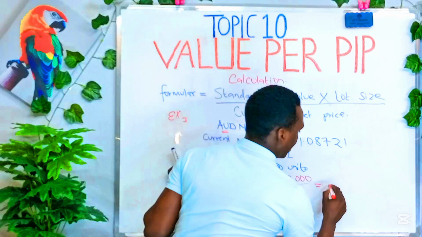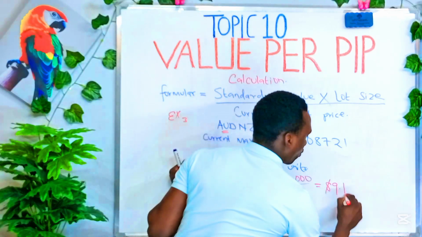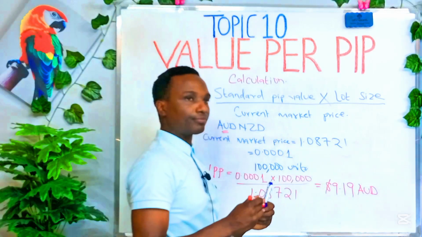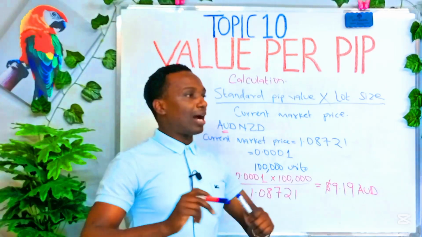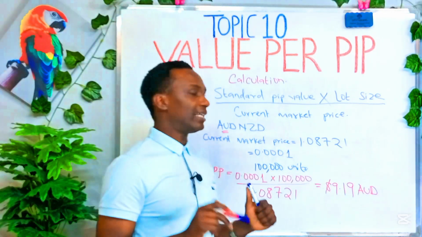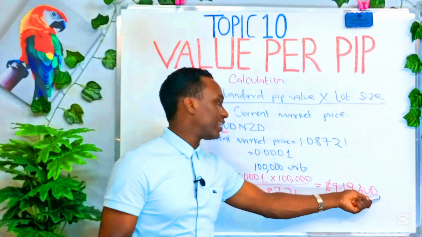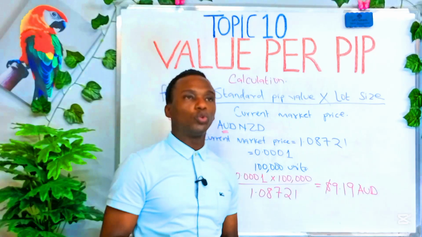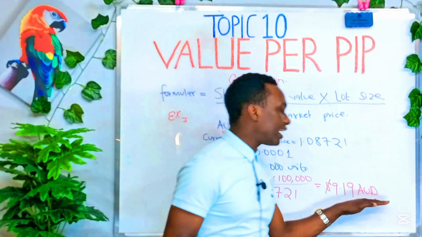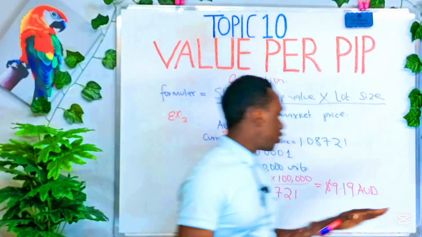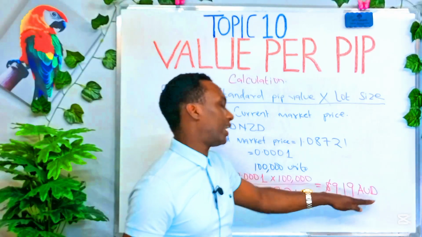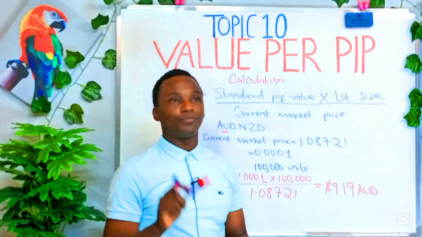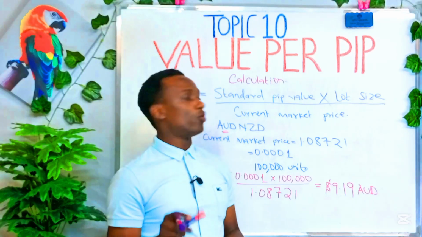It is 9.19 AUD. All right? Yes. Remember, our account currency is in US dollars. It is not in AUD. How do we convert AUD to USD? To convert AUD to USD, you multiply this 9.19 AUD by the current market price for AUD USD.